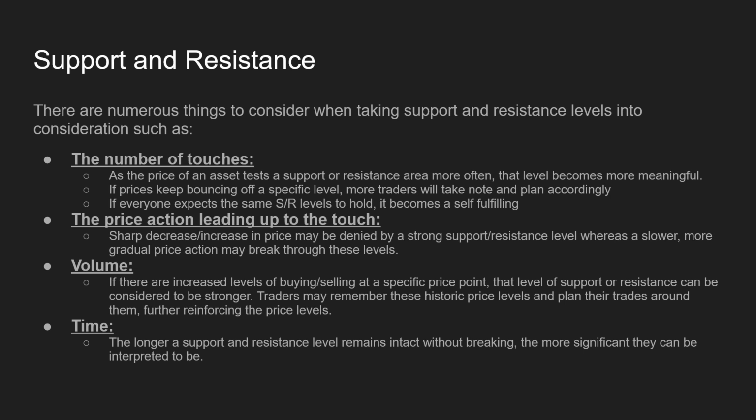Realistically, it gives us the idea that this is well tested, it's held true. It gives further credence to the idea that it really will take something very significant for price to either break below or break above that level.